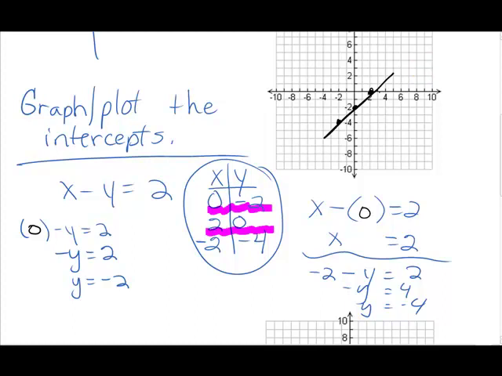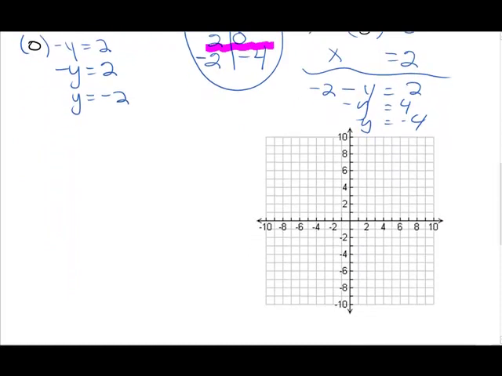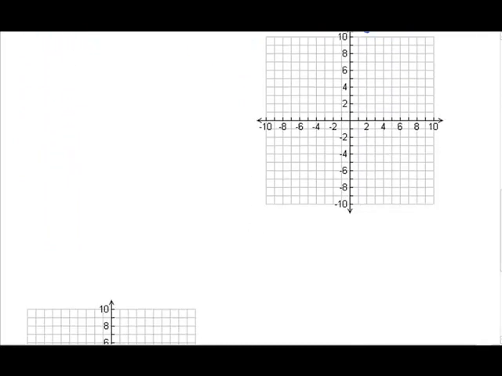Okay, so let's look at this again. All right, so remember, when we have a fraction with x is when we'll choose the denominator.